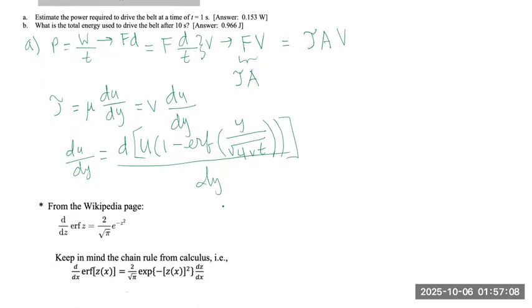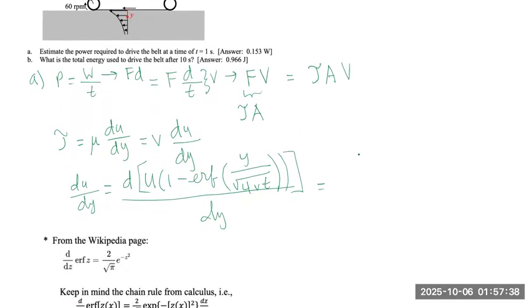This is a pretty complicated derivative. The derivative of the constant 1 with respect to y is going to be equal to 0, since it's a constant.